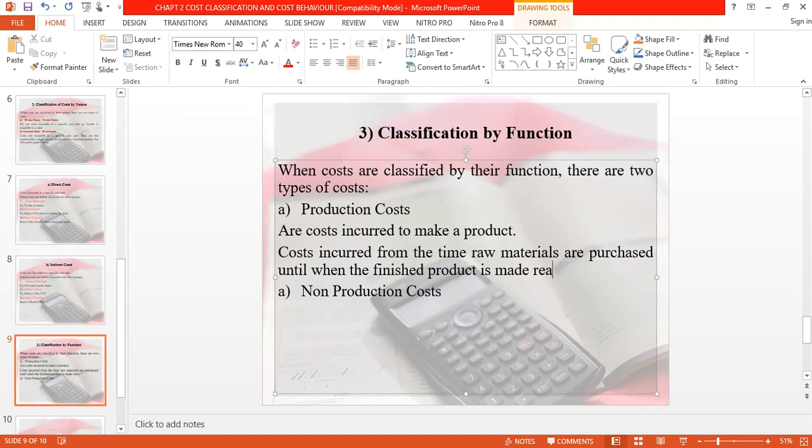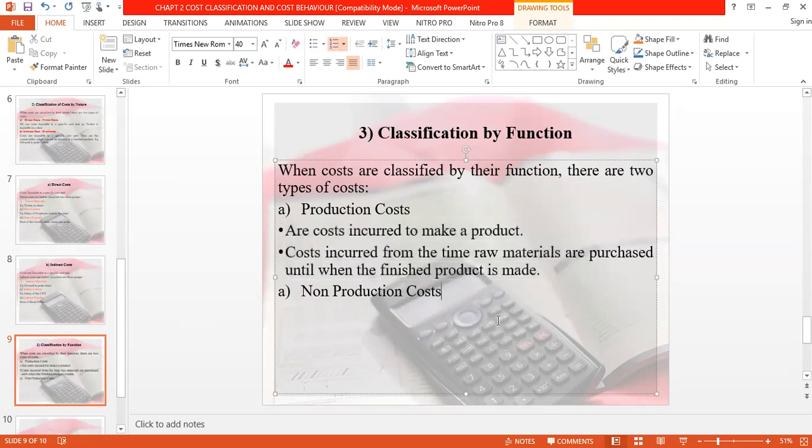So costs incurred from the time raw materials are purchased until when the finished product is made, or costs incurred in order to make a product. Any of those definitions can work.